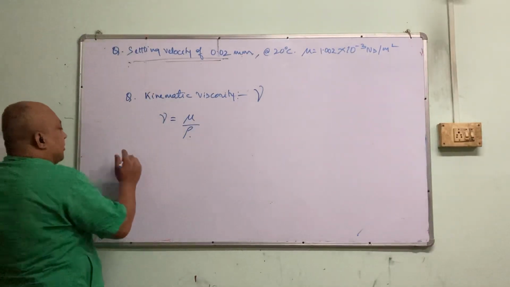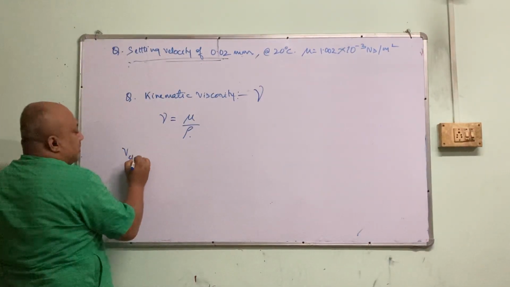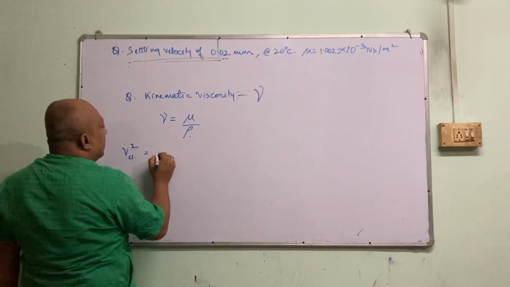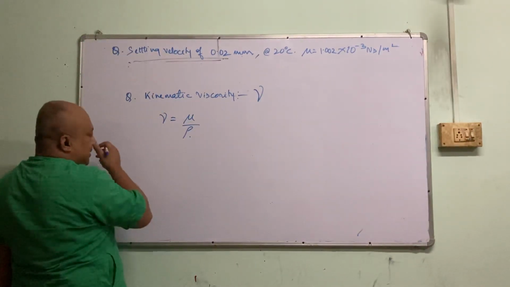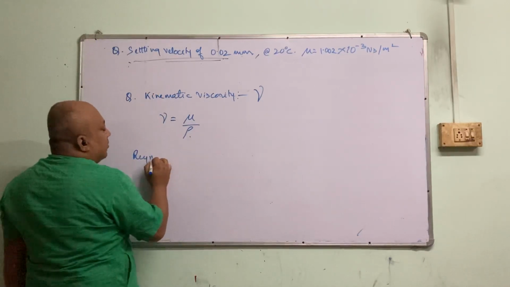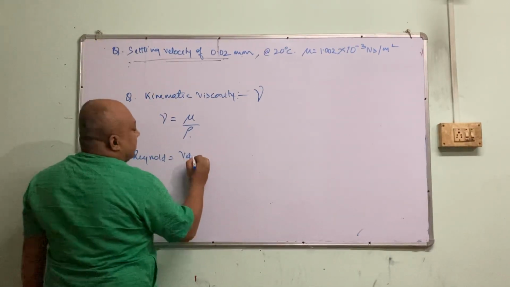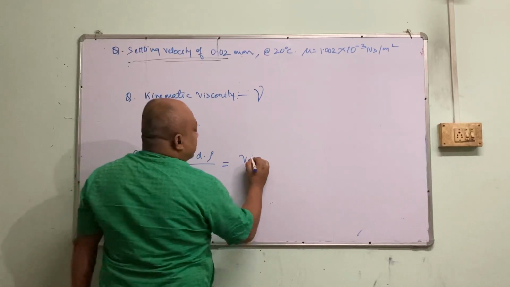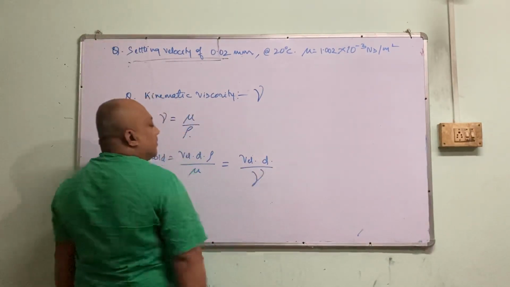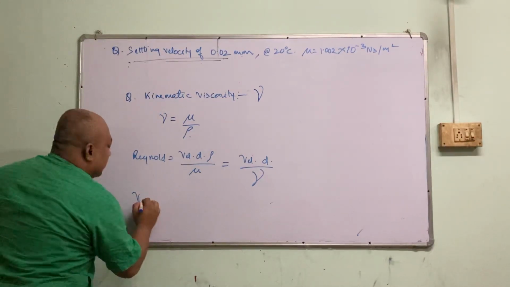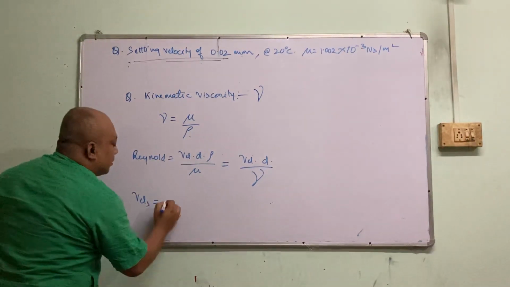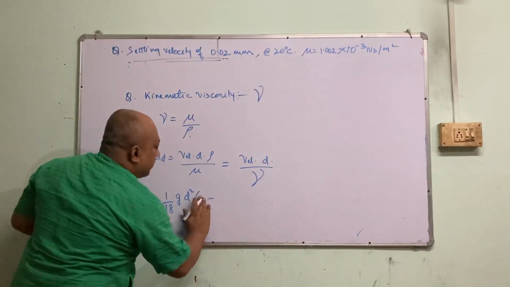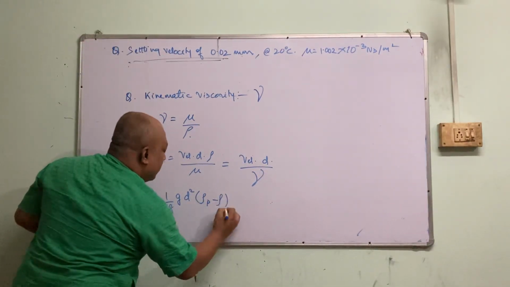So whenever you use the terminal velocity equation, the Reynolds number, which is velocity into diameter into density divided by mu, will be velocity into diameter divided by nu. And the Stokes settling velocity is equal to 1 by 18 g d square, rho p minus rho w, divided by mu.